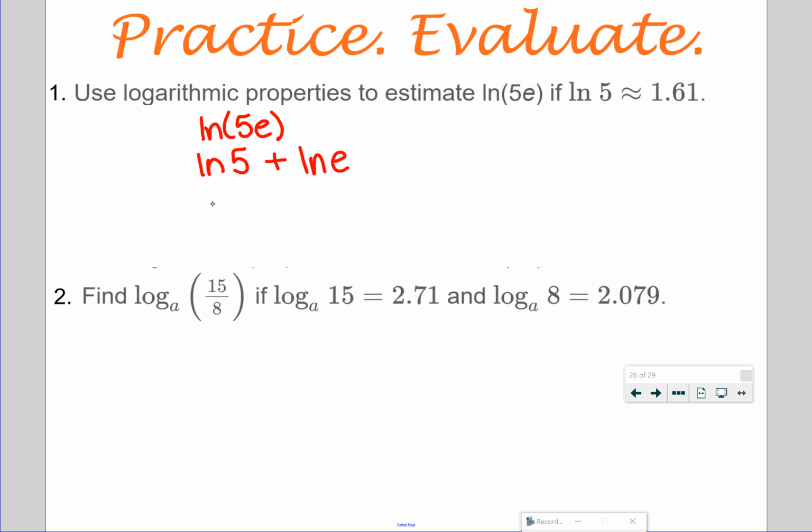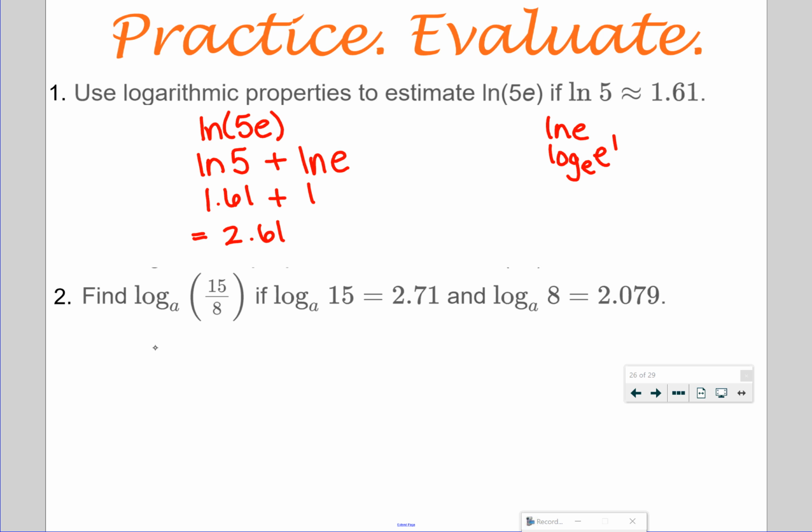Natural log of 5 is 1.61. Natural log of e, again, we did that earlier. You can think of that as log base e of e to the first, and that log base e of e is canceling and it's leaving you with 1. So you're going to end up with 2.61 as the final answer.